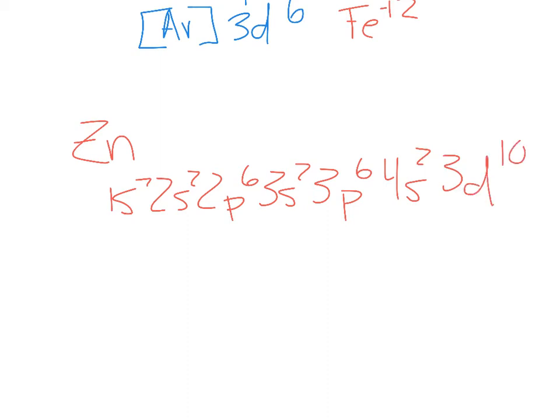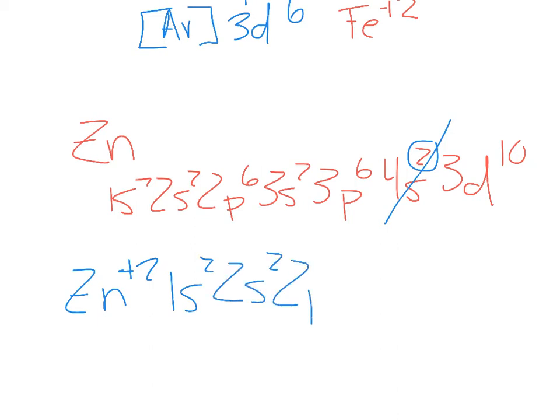And then if I'm going to form zinc plus 2, I would get rid of the 2 electrons in the 4s orbital, and I would be left with 1s2, 2s2, 2p6, 3s2, 3p6, 3d10.